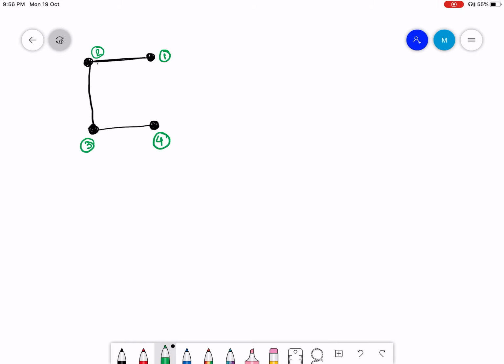Now for flange 1, 2, I have got Q12 as minus 6 Newton per millimeter. Q23 is minus 12 Newton per millimeter, and Q34 is minus 6 Newton per millimeter.